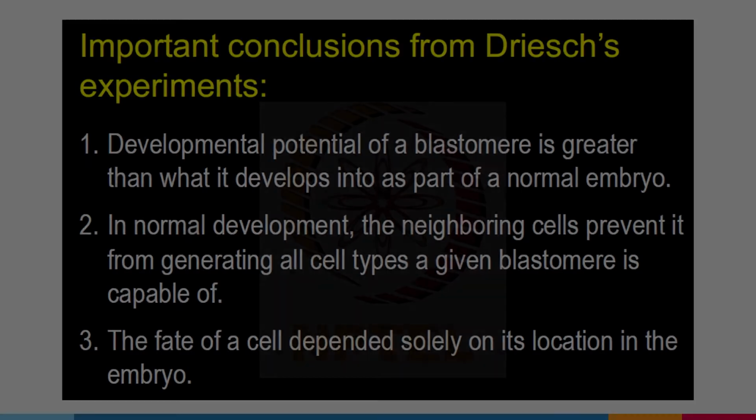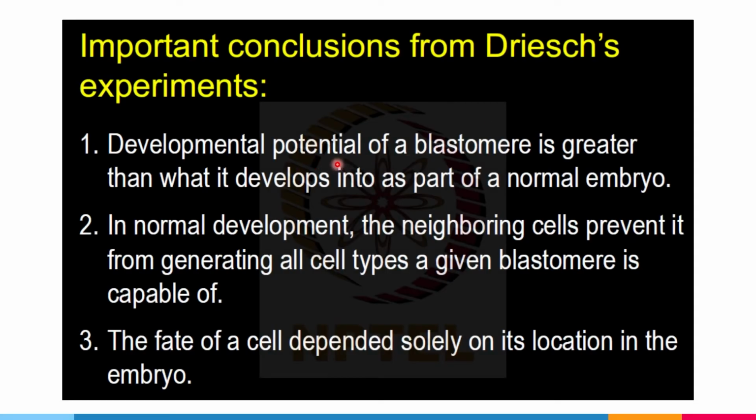Thus, what he concluded is that the developmental potential of a blastomere is greater than what it develops into as part of a normal embryo. So the cells 1, 2, 3, 4 could all have developed into ectoderm, but in the normal embryo they develop into whatever their particular embryonic location wants them to develop into.